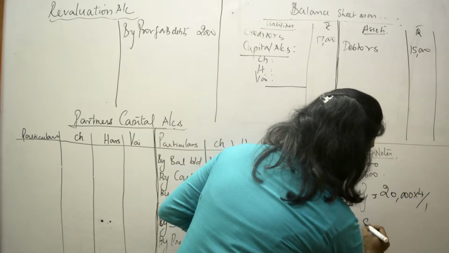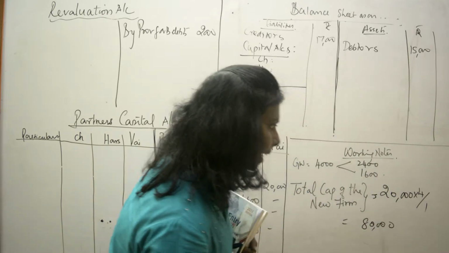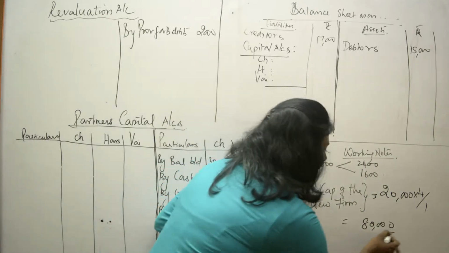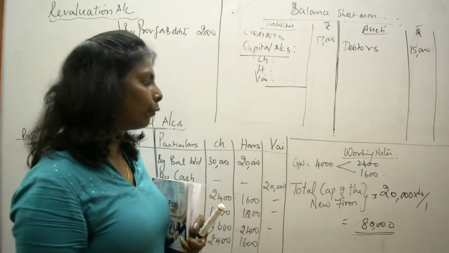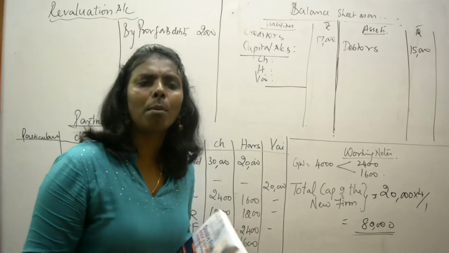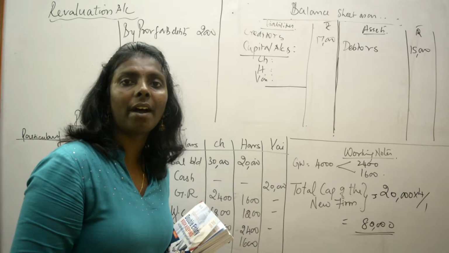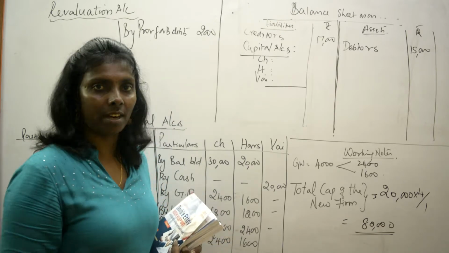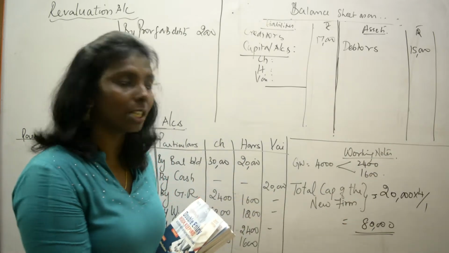That gives me 80,000. 20,000 into 4 is 80,000. This 80,000 is going to be the total capital of the new firm based on Vaishali's capital. The formula is the capital of the incoming partner divided by the incoming partner's share. When I multiply, it becomes the reciprocal. That's what I've done here.